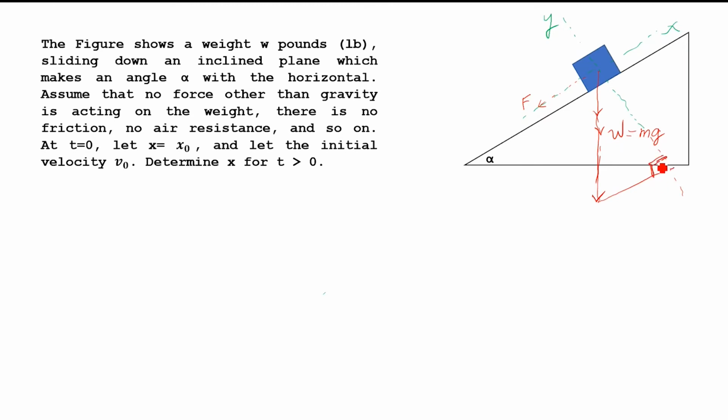Okay, we formed a right triangle. This right triangle is similar to this right triangle. If this is theta, what angle is this one? This angle is 90 minus theta.